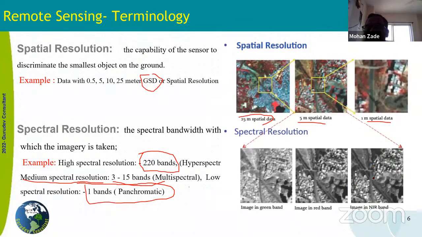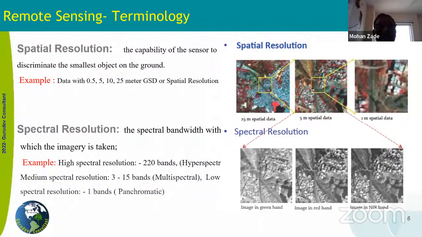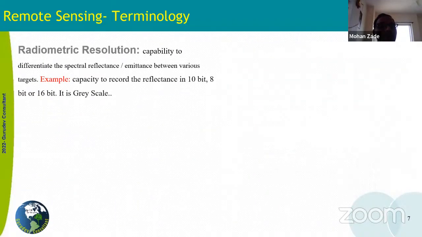You can see the differences between those images in different bands: green band, red band, and NIR band. These bands are nothing but bands of the electromagnetic spectrum. It starts with blue, green, red, NIR, and SWIR. We will learn about those in the next slides.